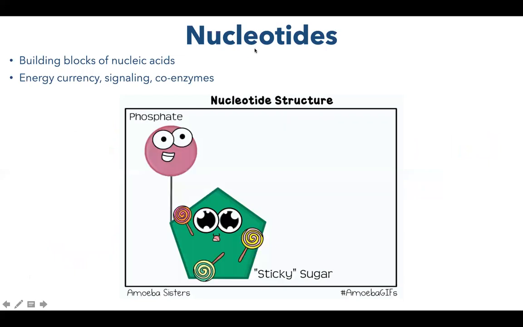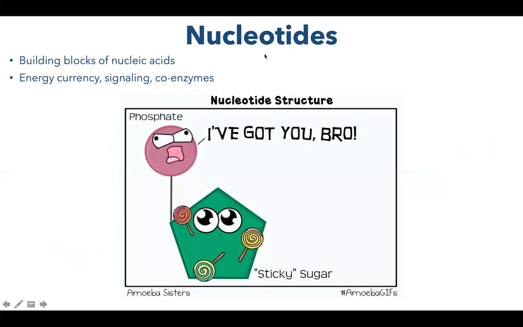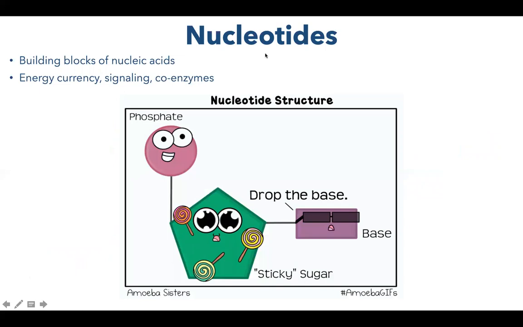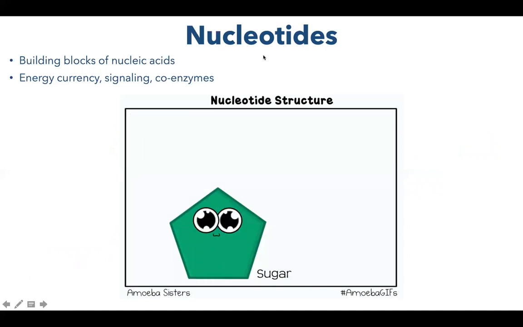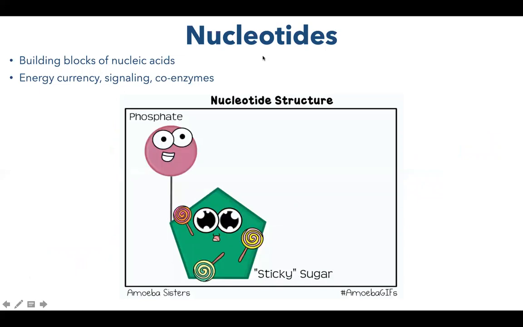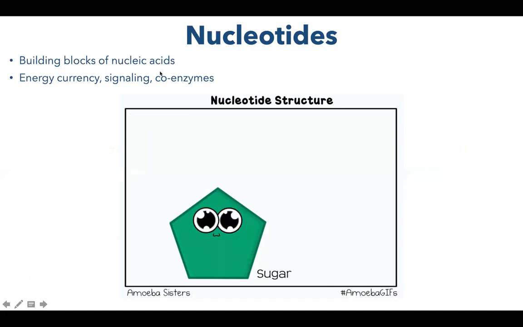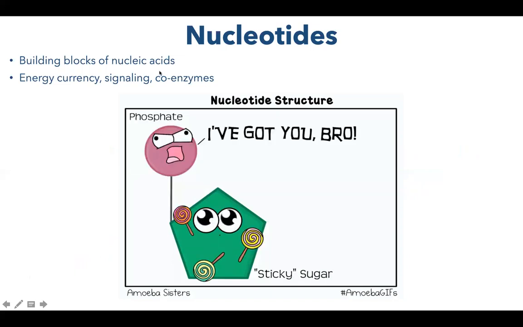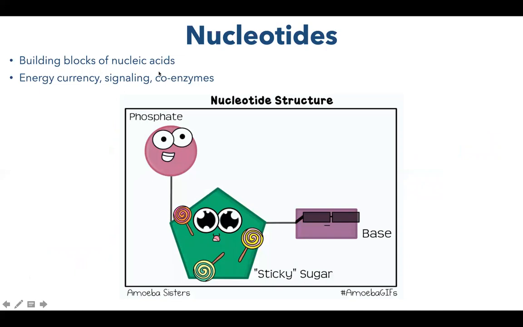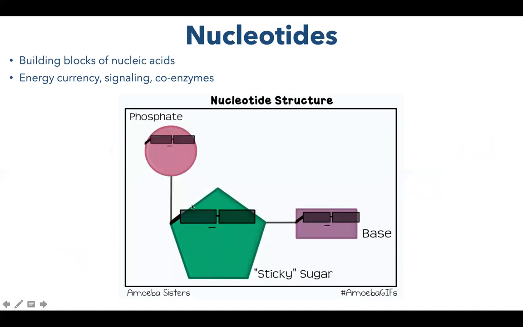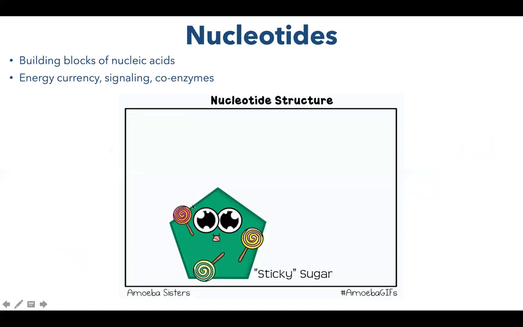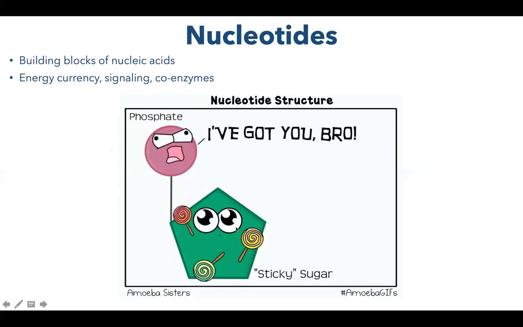Let's start by looking at the structure of your nucleotides. Again, your nucleotides are the monomers of your nucleic acids. Each of these molecules has three major parts. The first one is a sugar moiety.